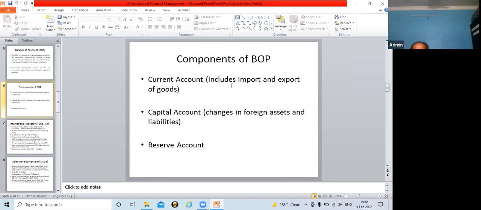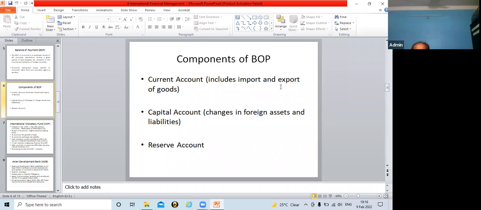Now here, there will be import as well as export. But when export exceeds import, then the balance will be a surplus one. The balance of payment will be surplus.